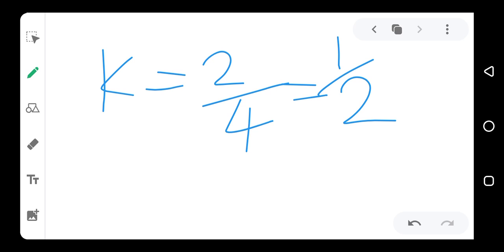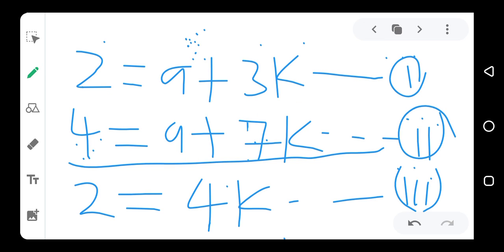Now let's get the second constant, which is a. To get the second constant, we can pick any of these equations, equation 1 or equation 2. If we pick it, we have a and k in it. So we can put the value of k we have gotten and then look for a. Equation 1 is smaller, so let's work with it. It will be less cumbersome.